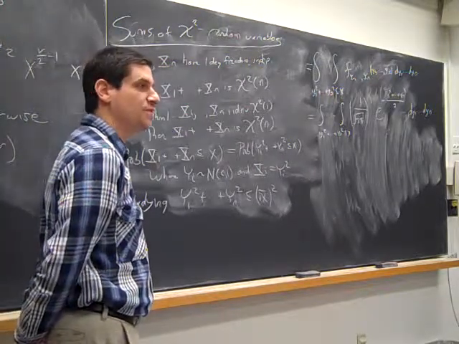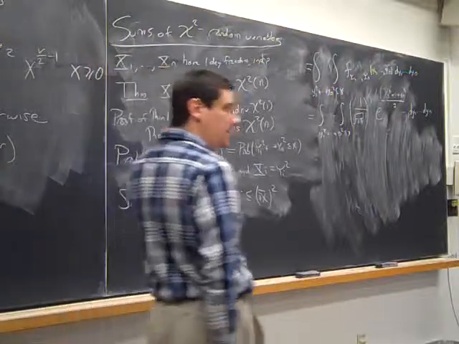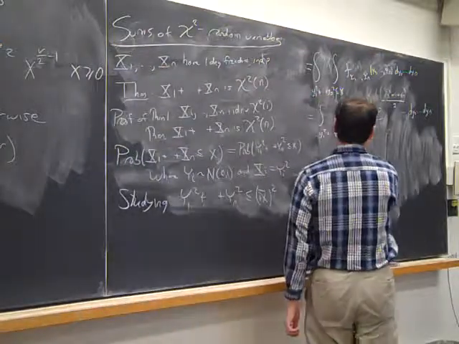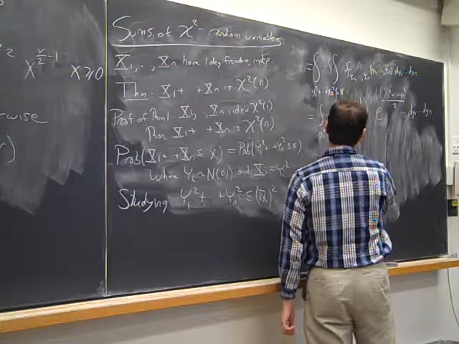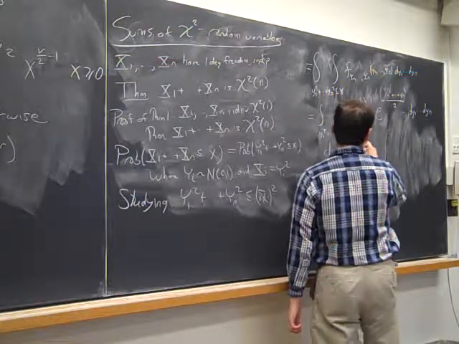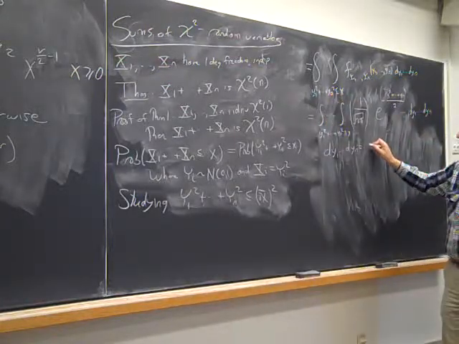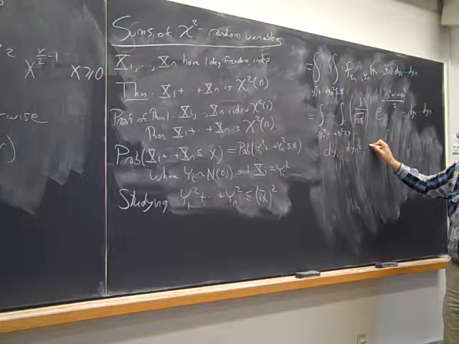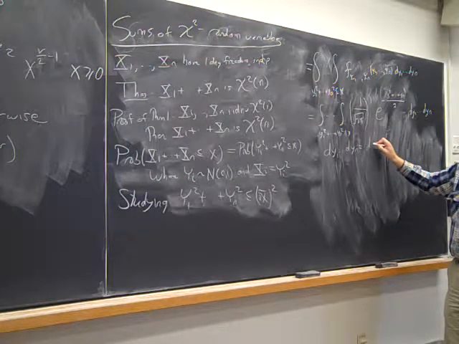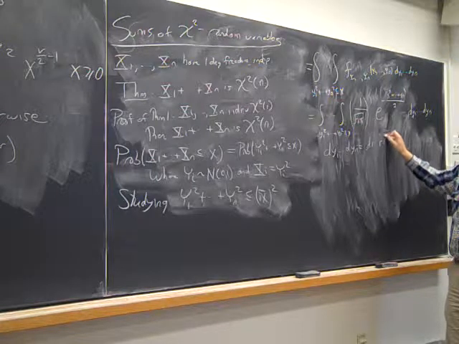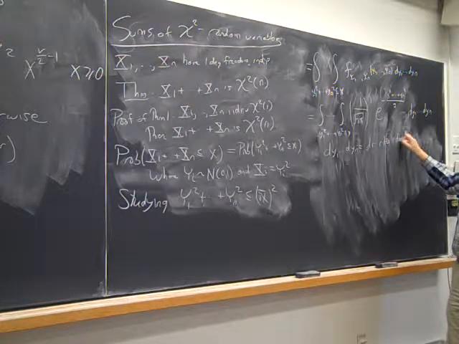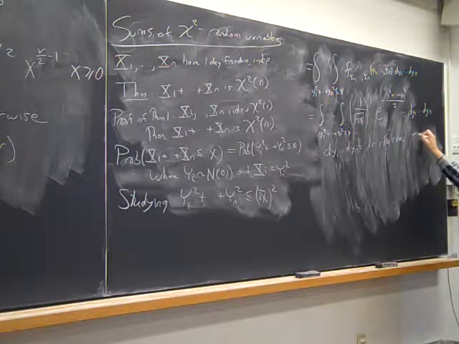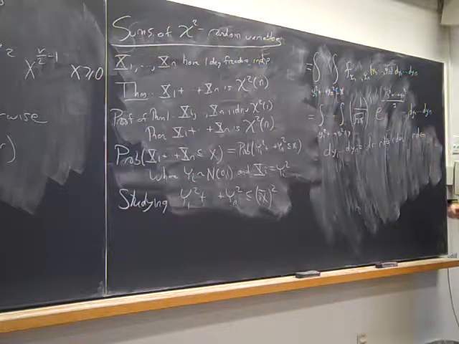So we have to figure out what the spherical change of variables is. And I claim it looks something like the following. dy1 through dyn is going to be dr, r d theta 1, r d theta 2, up to r d theta n minus 1.